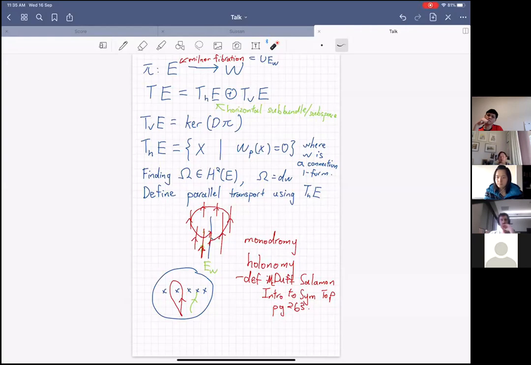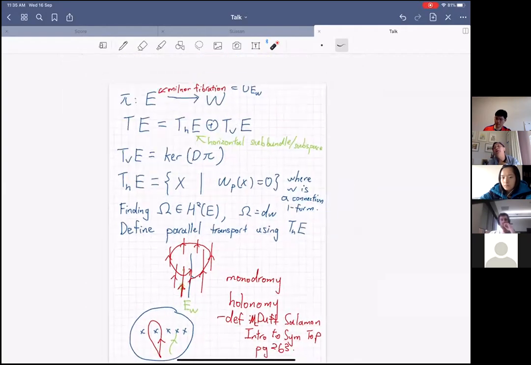Monodromy is in a way the diffeomorphism of the fiber. But here the connection is a bit strange, because the connection is just omega, a one-form, while usually the connection is a Lie-algebra-valued one-form. Maybe in this case, if you're talking about the principal bundle that E is associated to, then it'll be okay.